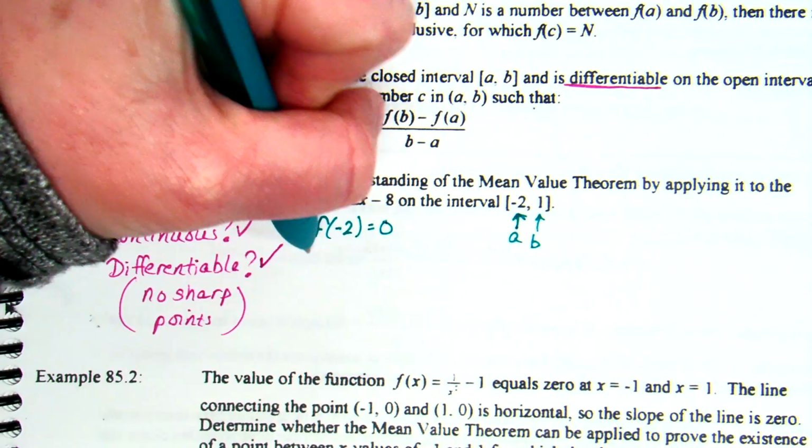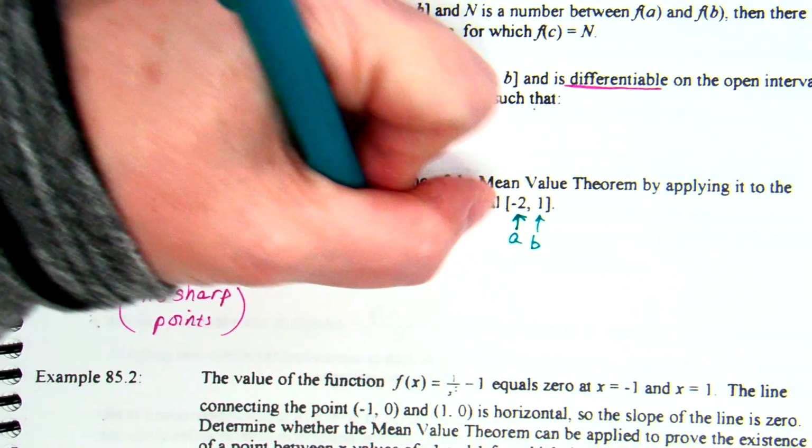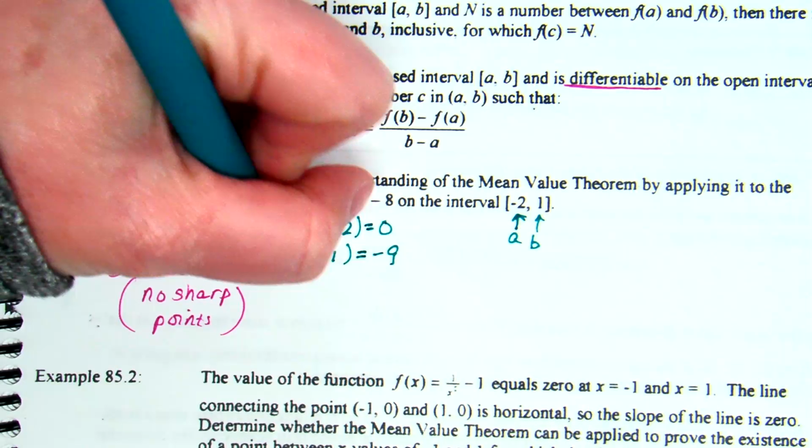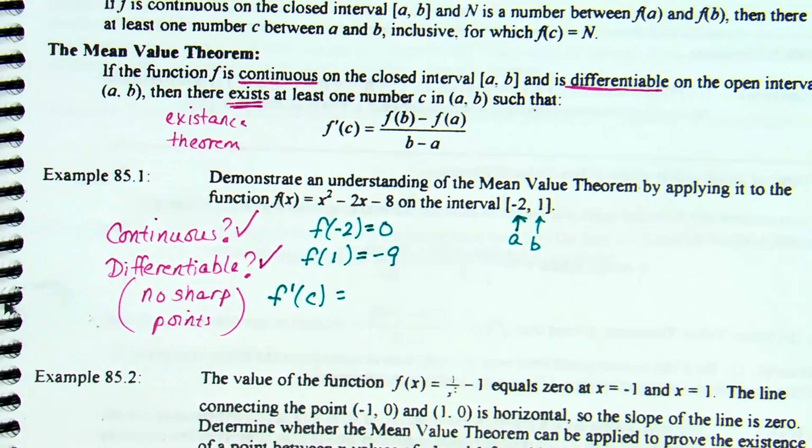So using the mean value theorem says f of b minus f of a over b minus a. So f of b minus f of a is going to be f of 1 minus f of negative 2 over b minus a, which is 1 minus negative 2.